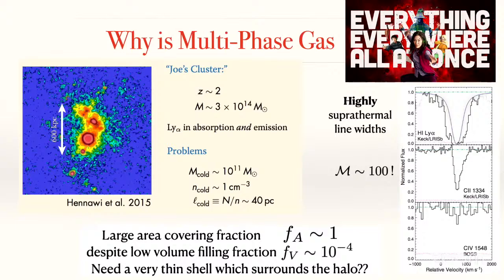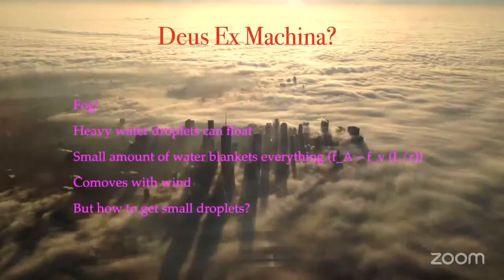So how can you arrange this? Maybe you can just arrange a shell that would do it, but otherwise, it seems very strange. Another thing that you see is that you can have quite superthermal line widths. It's much bigger than the internal velocity dispersion of the cold gas. So, as I hinted, suppose it's like San Francisco.